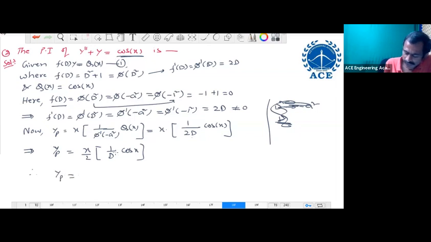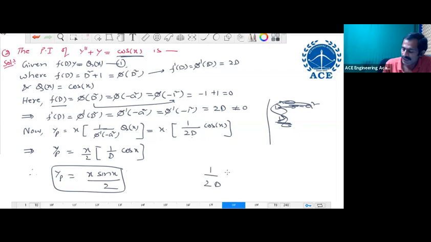Therefore, yp equal to integral of cos is sine. So x into sine x divided by 2. Like this we do. Suppose there is no d. Here we have 1 by 2d cos x. And if there is no d, just 1 by 2 cos x is the final answer.